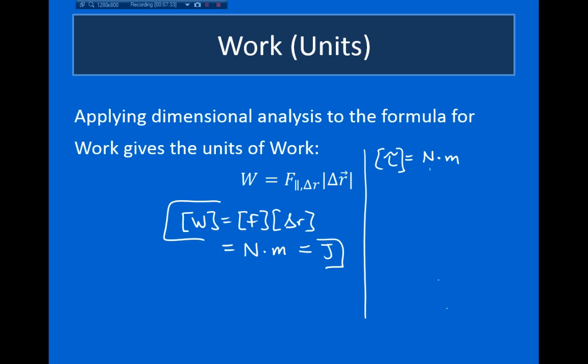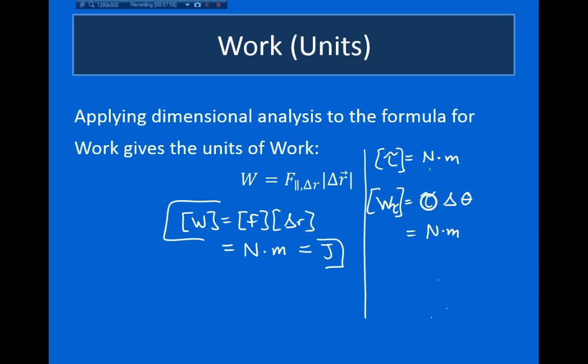The reason for this is that if I apply a torque to an object and the object rotates, then that torque does work. And it turns out the work that's done by a torque is equal to the torque times the angle that the object is rotated through. Now remember that angles don't have any units, so this is just going to have the units of torque, Newton meters.